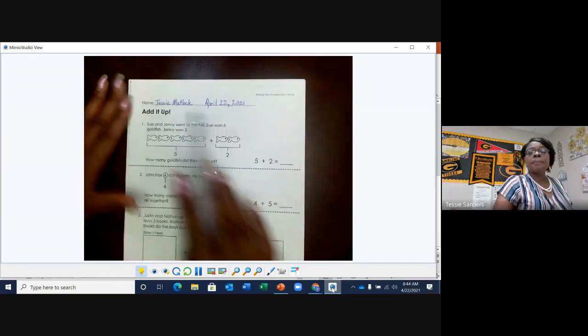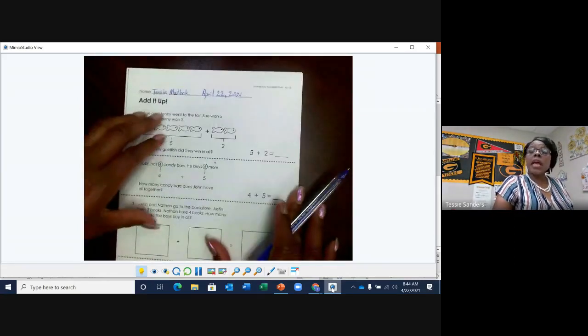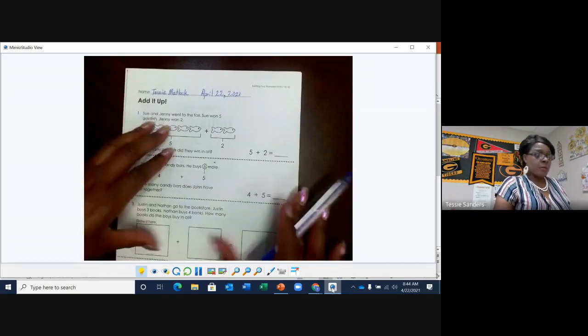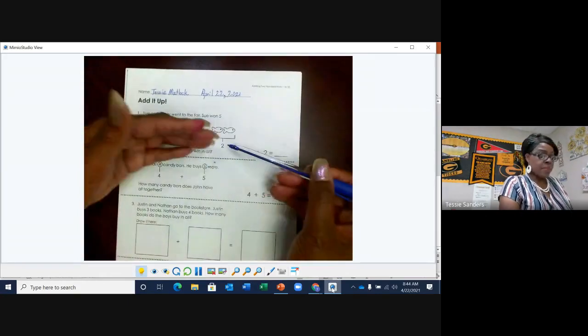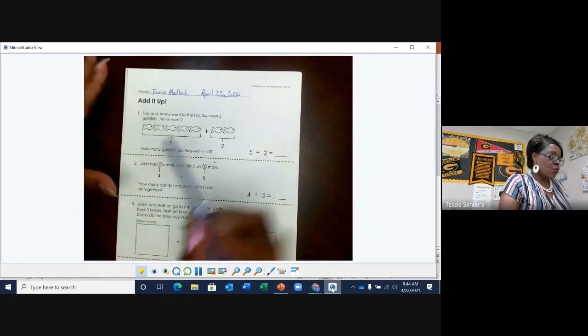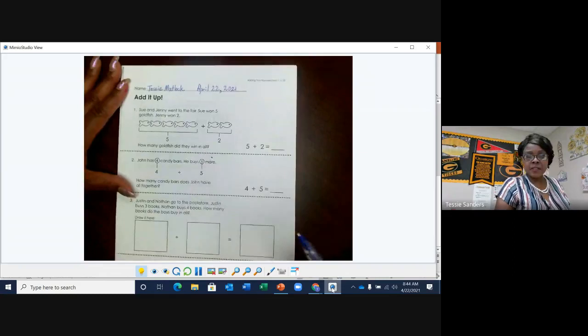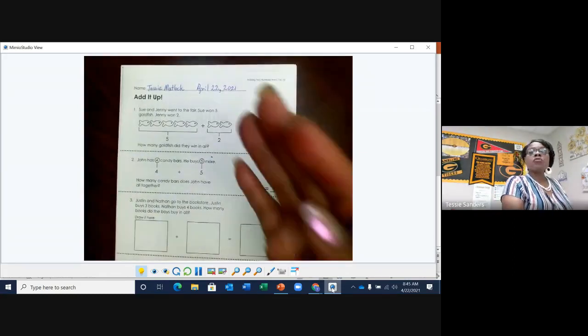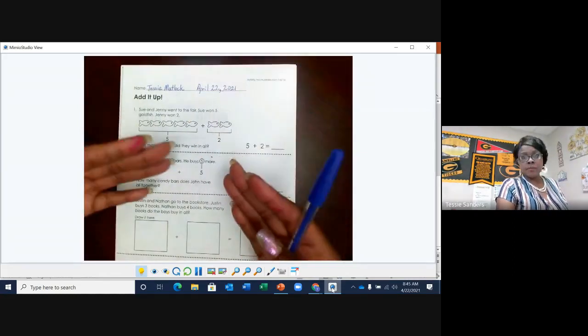Now, add it up. We are looking at word problems, meaning raw numbers in written context. It's about reading comprehension.